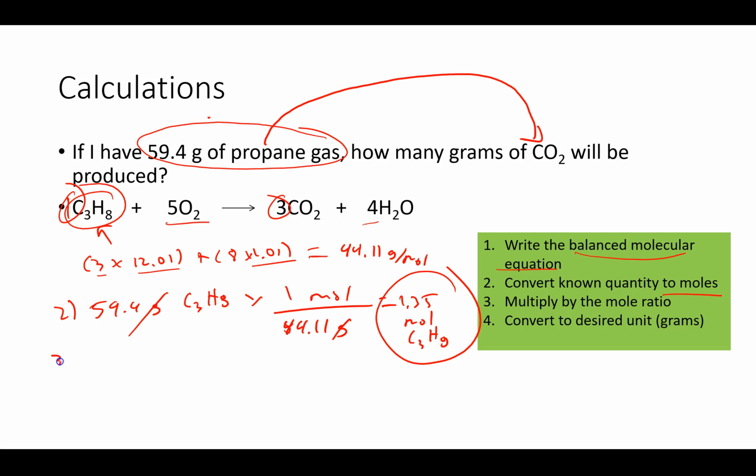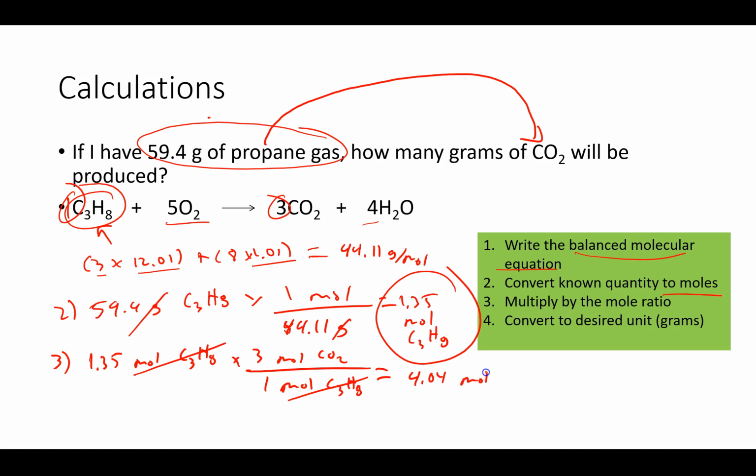Step 3, I'm going to multiply my 1.35 moles of propane by my ratio of 3 to 1. I'm going to write it as 3 moles CO2 over 1 mole C3H8. Now, I'm going to cancel out my moles of propane. So I'm going to go 1.35 times 3, and that should give me a quantity of 4.04 moles of carbon dioxide.